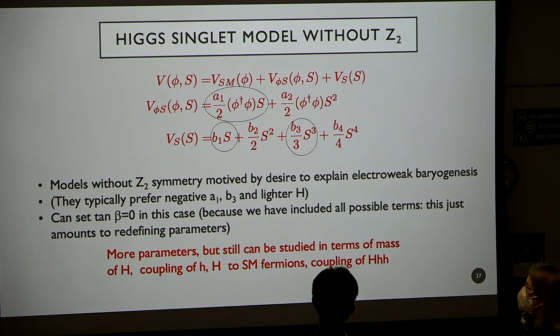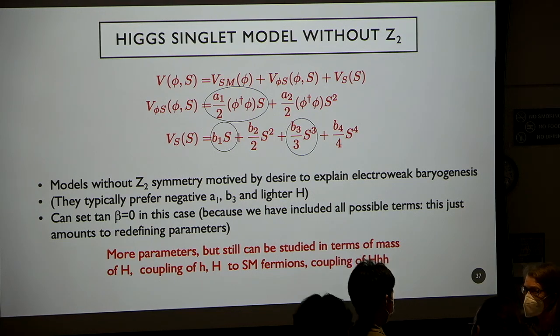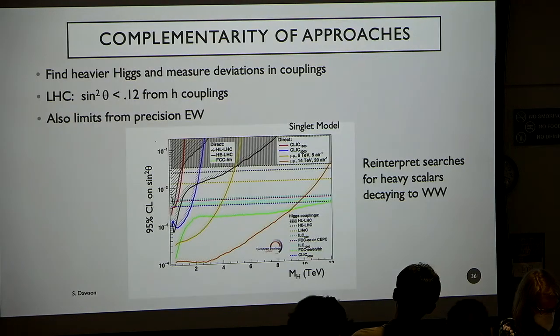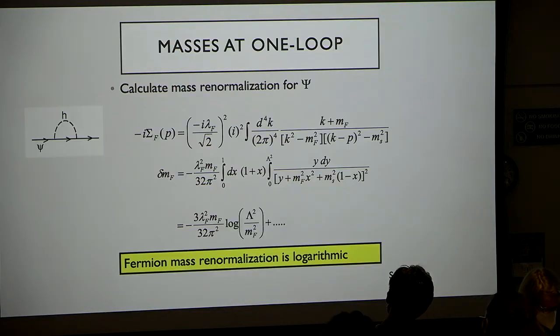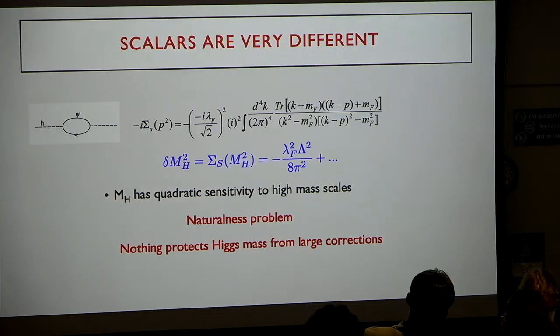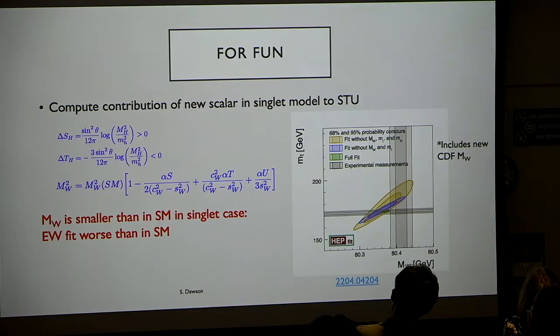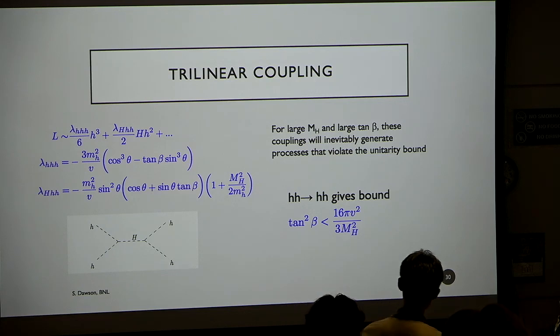In the later slides, you said that in the singlet model without G2, lambda gets a negative correction, so the prospects of metastability are not good, right? I can't hear you, sorry.